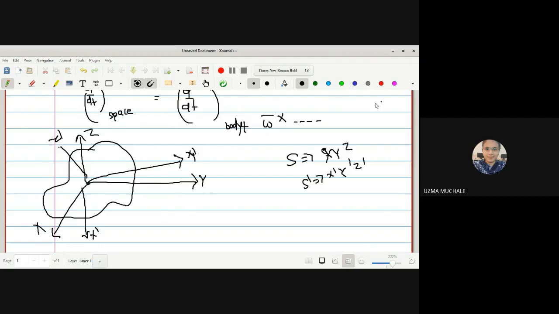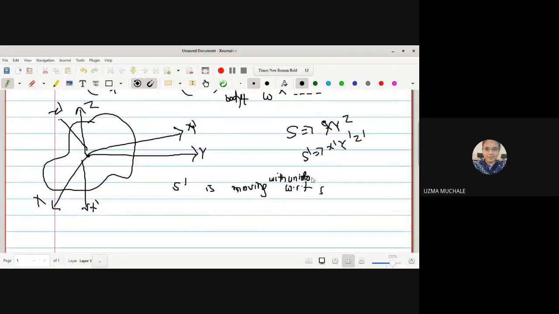So here we are considering the two systems S and S dash, where S dash is moving with uniform velocity with respect to S. That means for S dash, we are considering this x dash, y dash, and z dash, moving with uniform velocity. We can say omega is a velocity.